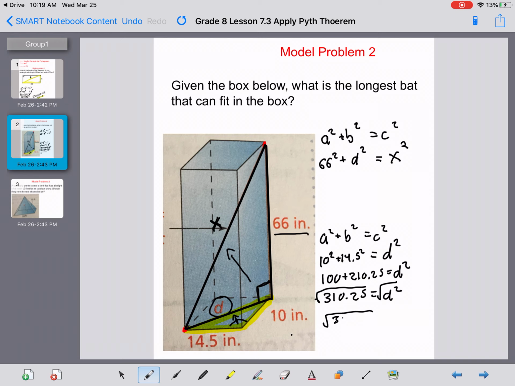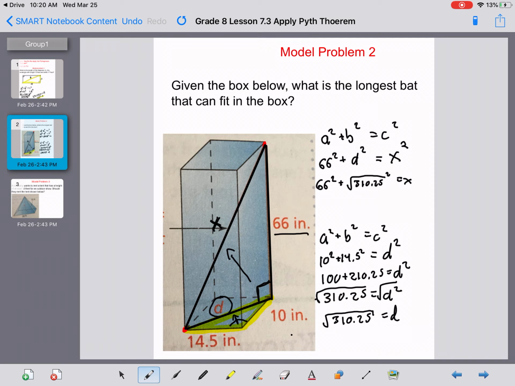So I'm going to leave it as the square root of 310.25, and that's what D is. Now I can go back up to my other Pythagorean theorem. The 66 squared can stay. In place of this D, I can put the square root of 310.25.